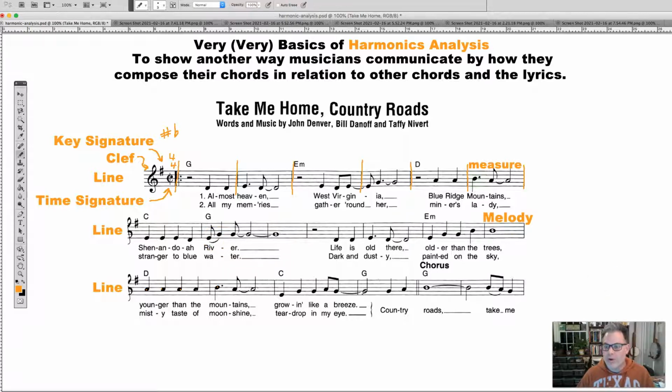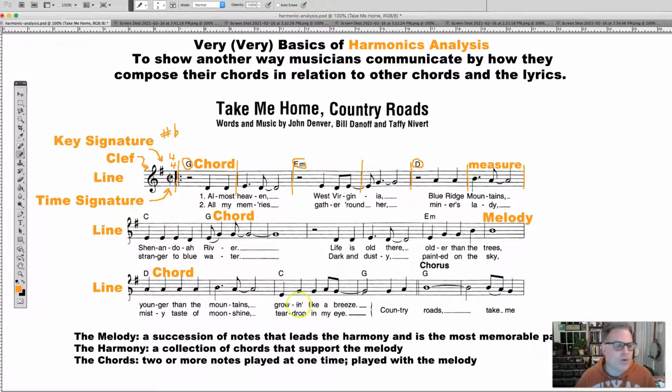We also have chords. Okay. This is a chord notation. This is a chord notation. This is a chord notation. Chords, let me bring up my definitions here so I don't get confused. Chords are two or more notes played at one time, and they're played with the melody.